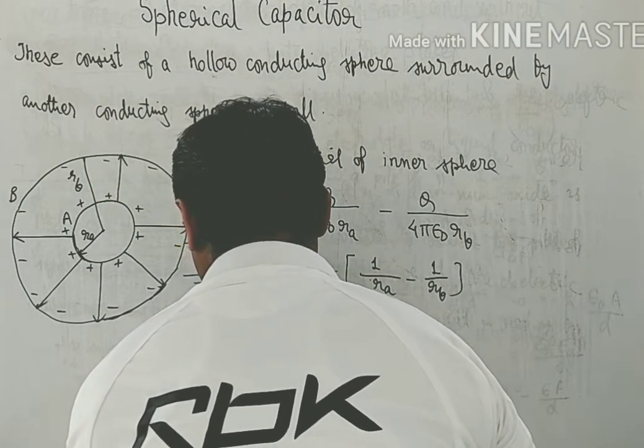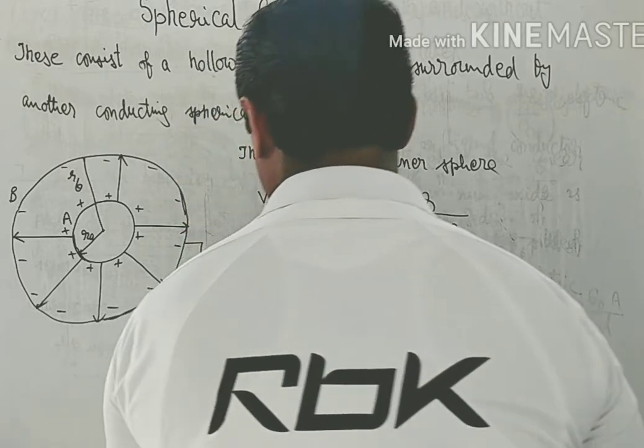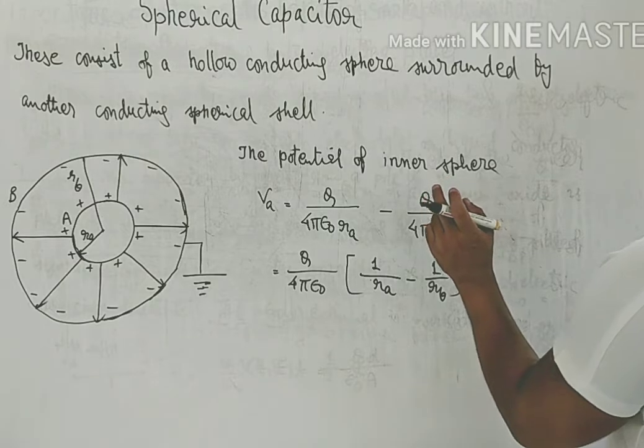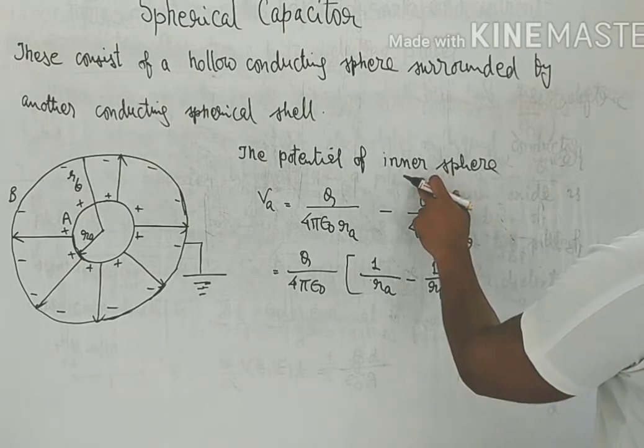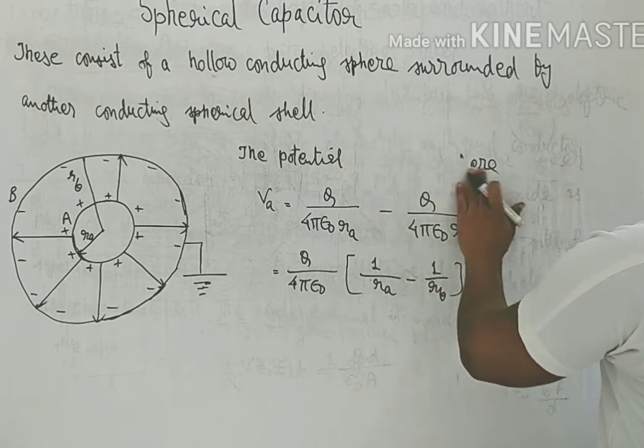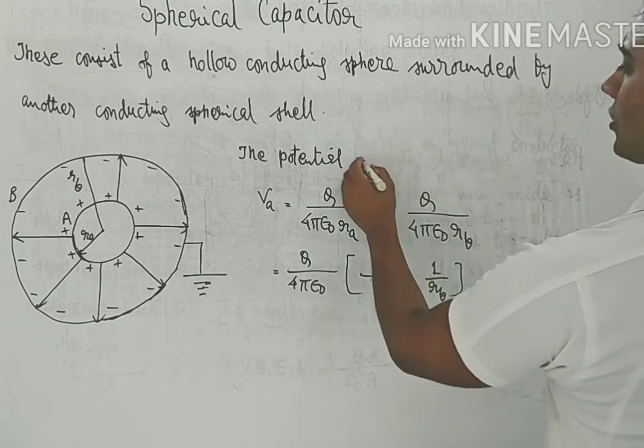So here you may write the potential difference. It won't be right to say the potential of the inner sphere, so now you write the potential difference.